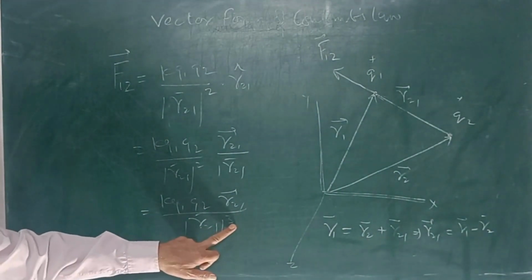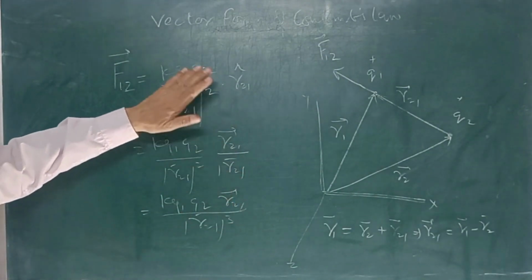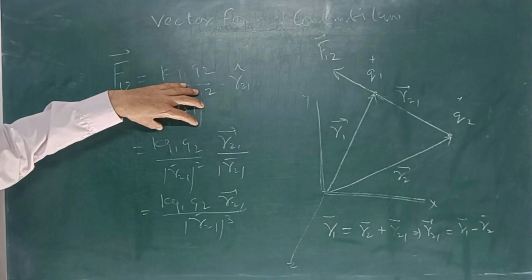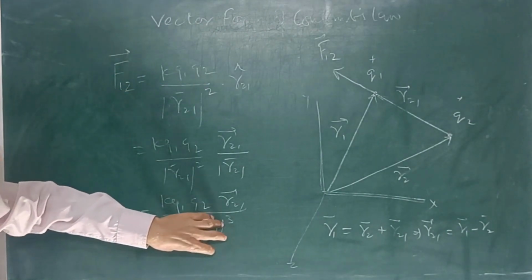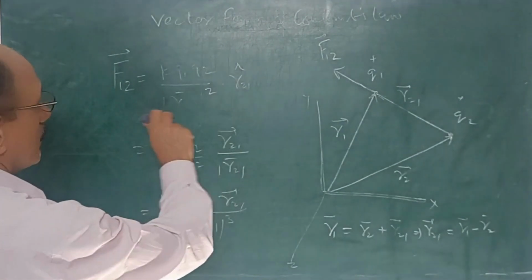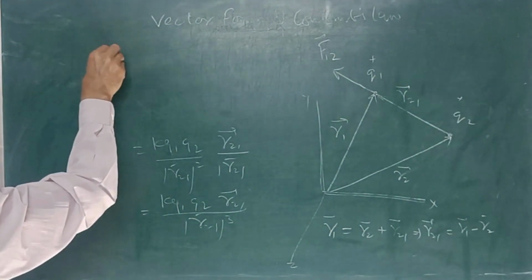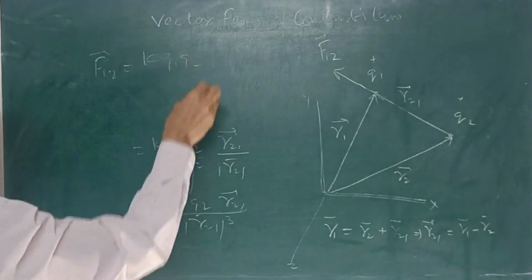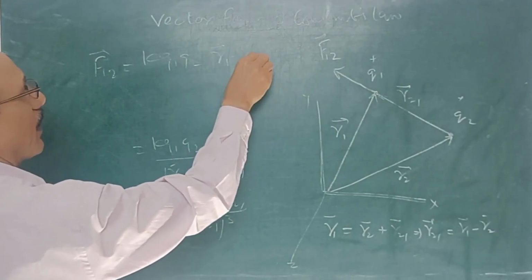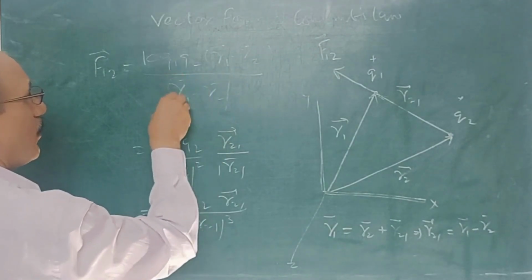Where has this cube factor arisen from? It is because the unit vector has been converted into the complete vector. पहले हमने पढ़ा था perfect में inversely square के proportional है, तो यहां पर तो cube आ गया, because of this. So now we can represent this force F12 equals K Q1 Q2, and this R21 vector can be written as vector r1 minus vector r2 divided by vector r1 minus vector r2 mod cube.